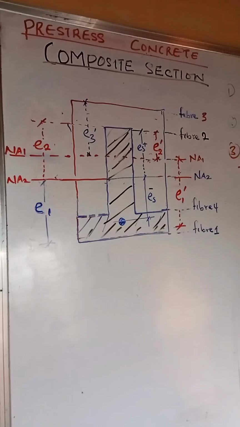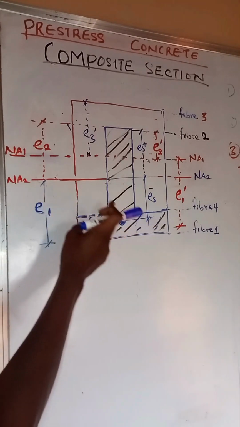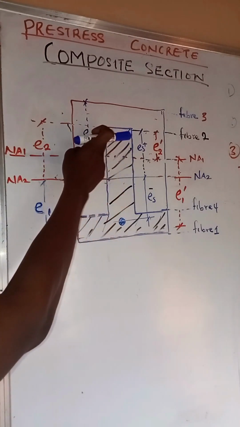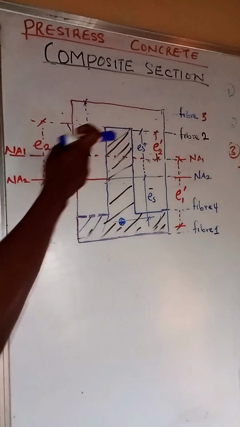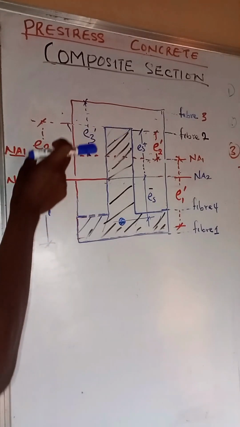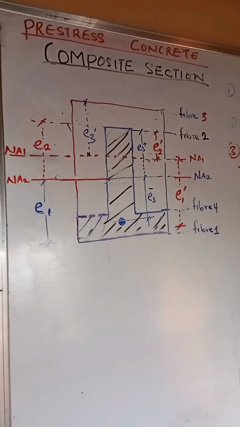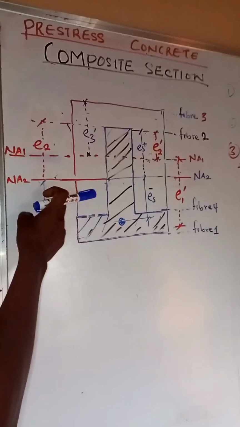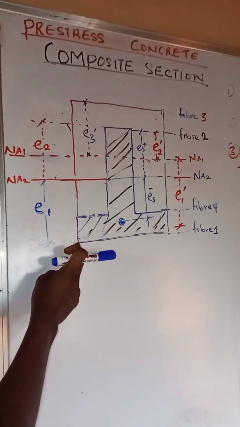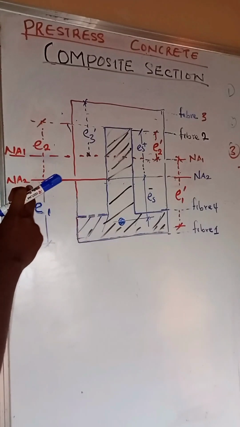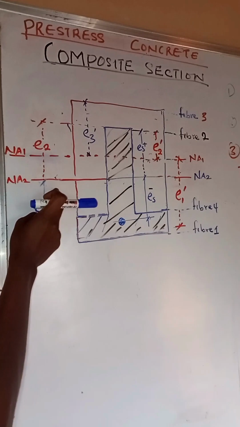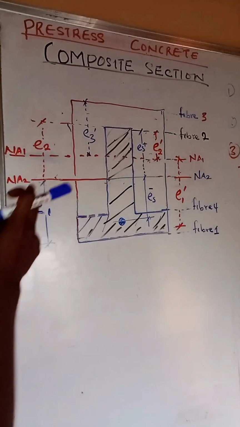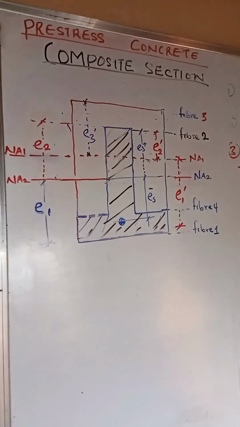If we look at it, we are going to see that the entire composite section is indicated with an asterisk, while that of the precast section is not indicated. So looking at it from that perspective, we have E1, which represents the centroidal distance from the bottom fiber to the neutral axis of the precast section, and E2 represents the centroidal distance from the neutral axis to the top of the precast section.